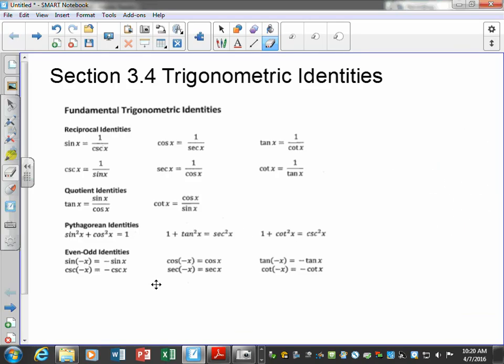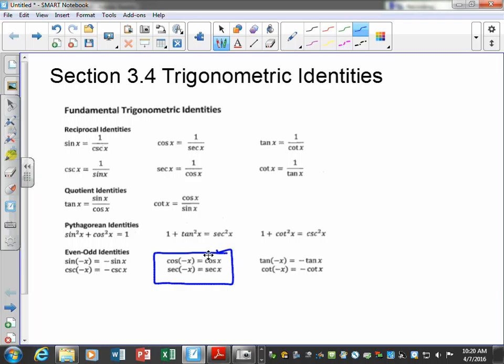The other thing that we have mentioned before are the even-odd identities. Sine of a negative x is equal to the negative sine of x. And that's similar for its reciprocal identity. The only ones that are different for the even and odd that you really need to focus on remembering are these two right here, because cosine of a negative x is equal to the positive cosine of x.